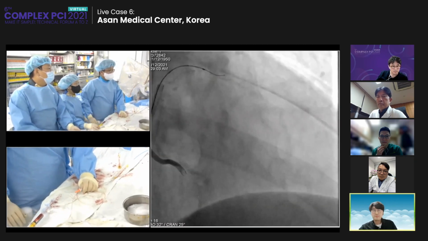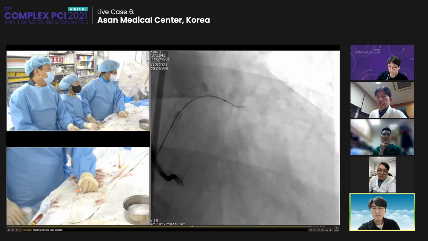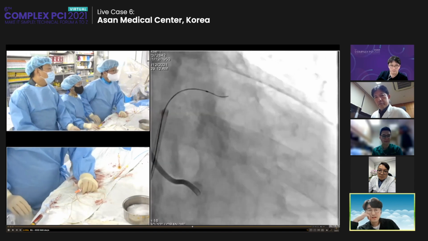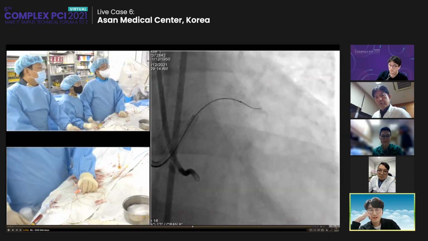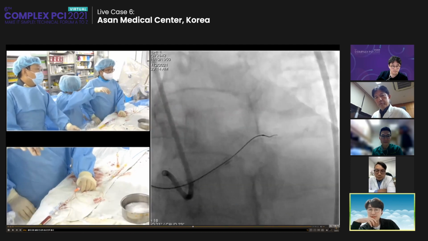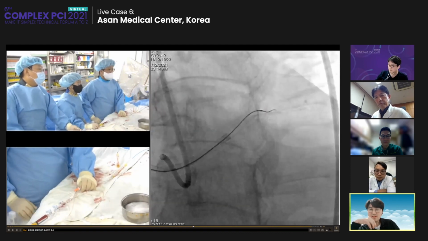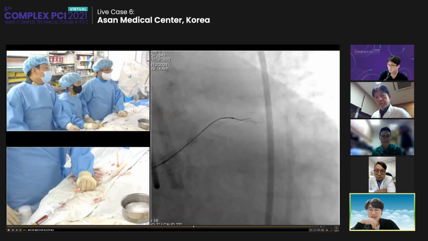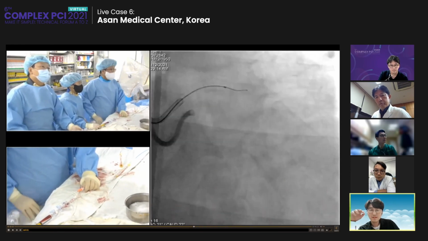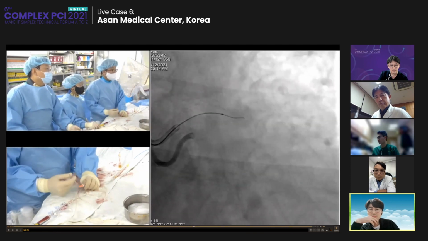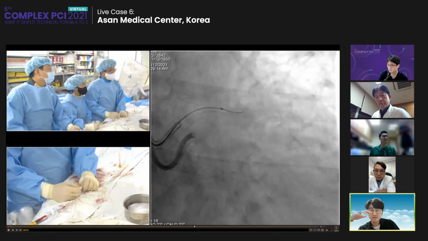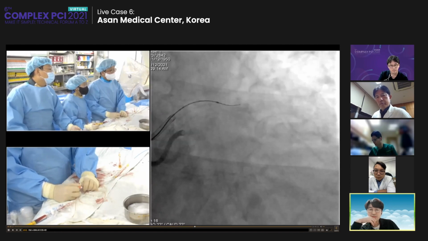Theoretically, if there is a big bifurcation in the distal cap, as you mentioned, the retrograde approach may have a high chance of preservation of the big side branches. Especially in the antegrade approach, the second wire can easily go to the subintimal space, which means there is a high risk of jailing the bifurcation.